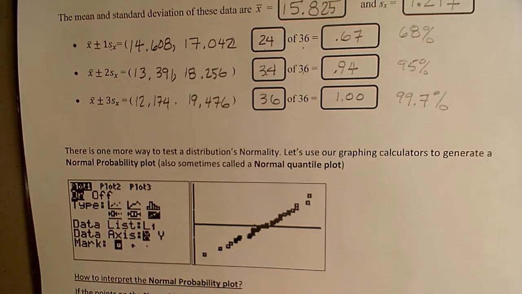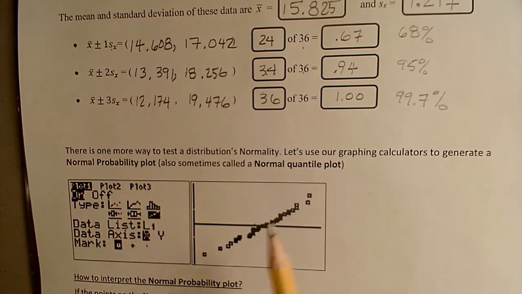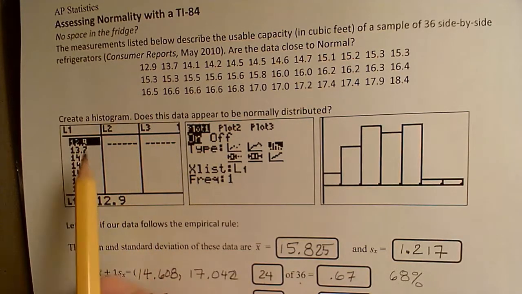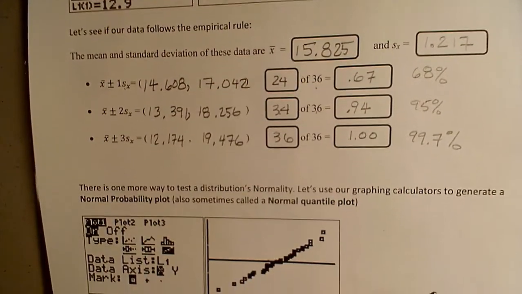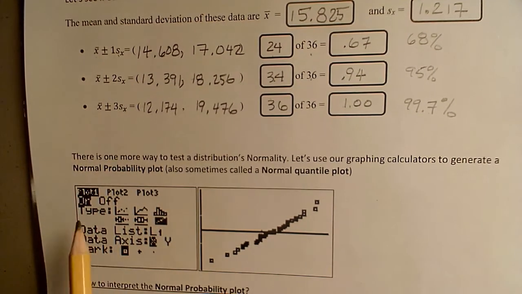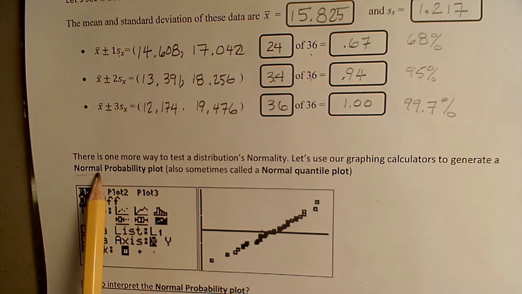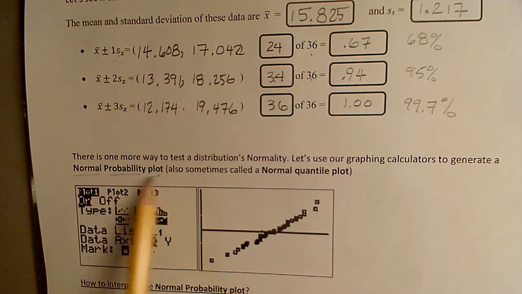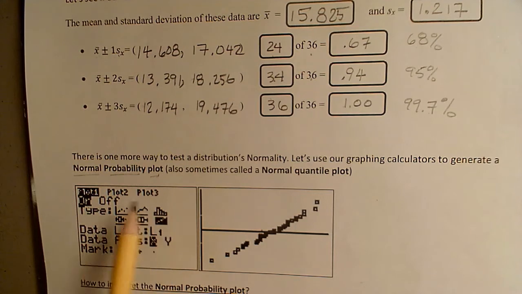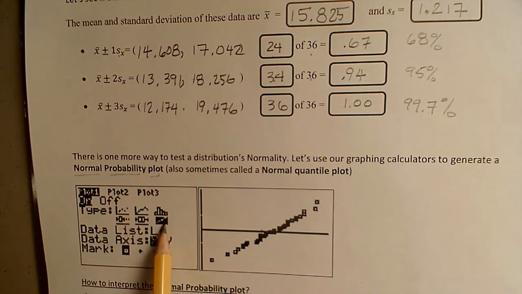Okay. So now, we have our data. Hopefully you've actually put your data in. If you didn't pause, you should put that data in your calculator and then start the video again. But we have a way, and it's called a normal probability plot. It's one of our plots in our calculator. So go back to Plot 1, turn it on, and instead of a histogram this time, go to the very last one.